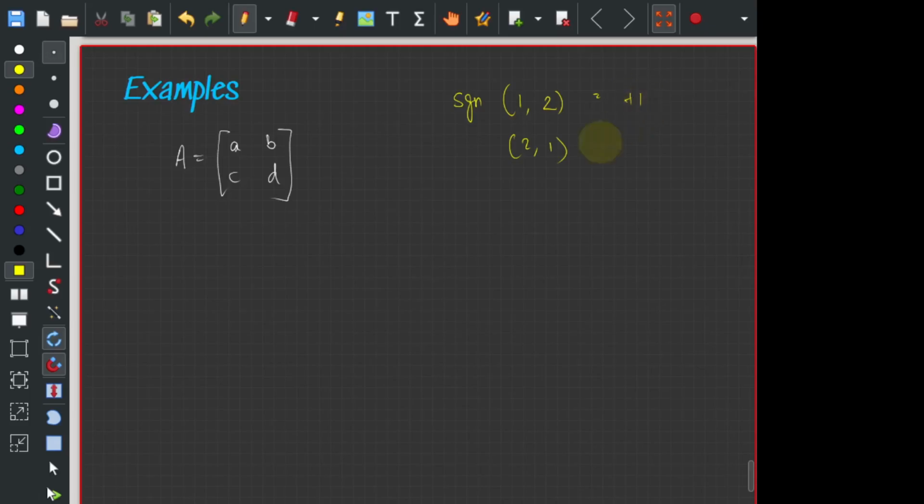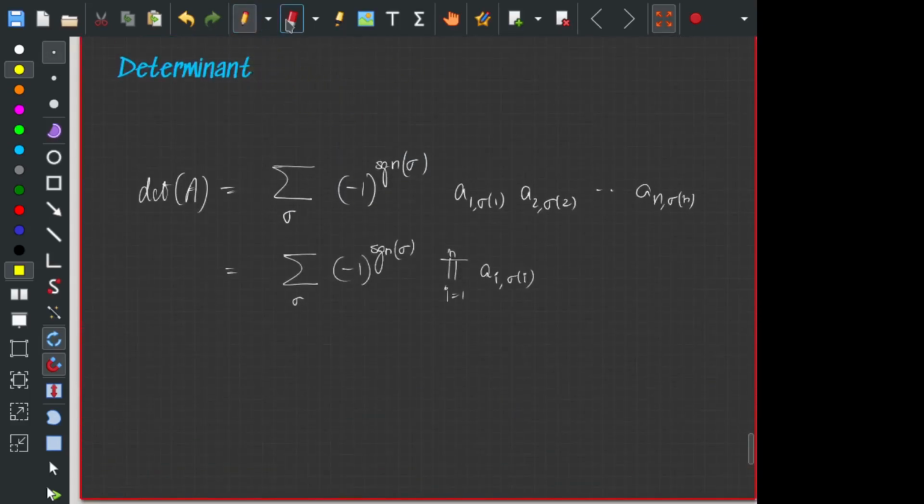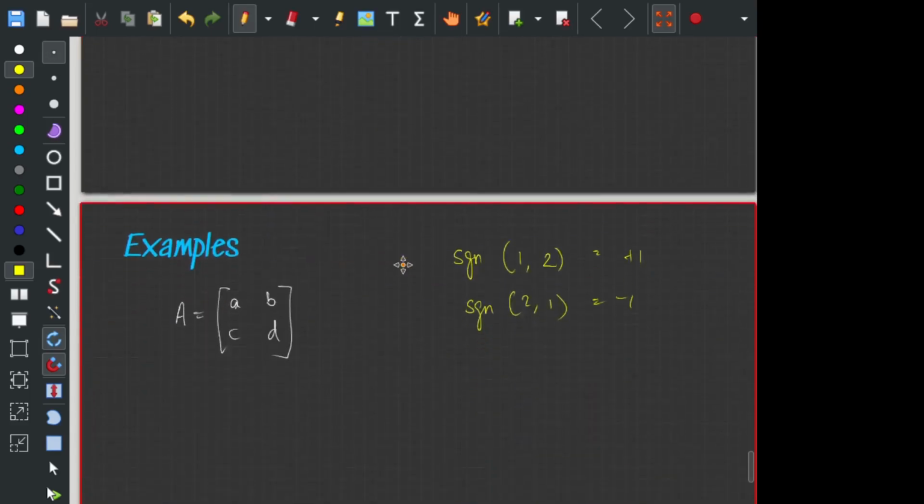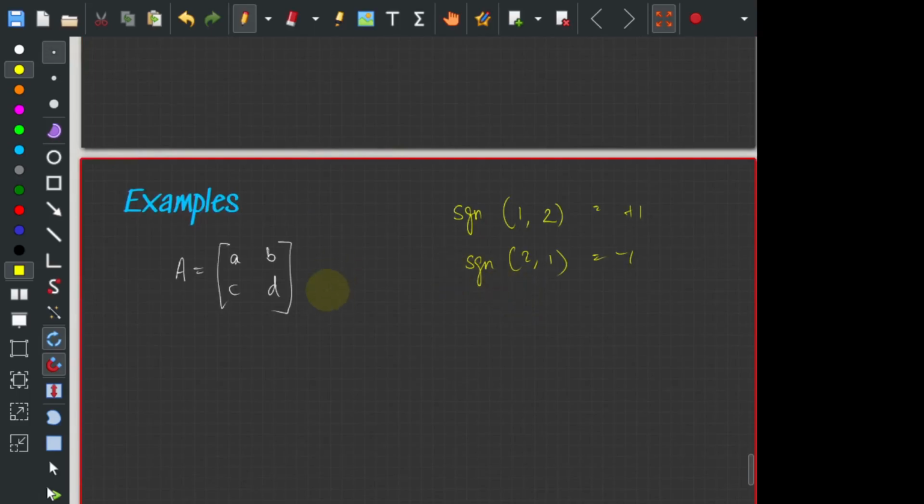That's +1. The sign of 2, 1 is -1. Sorry, I should have done this a bit differently. Let me write it as sign of sigma, because we have defined it, so it's either +1 or -1.